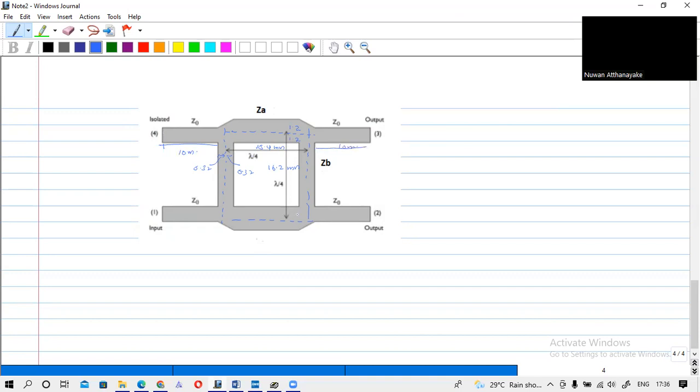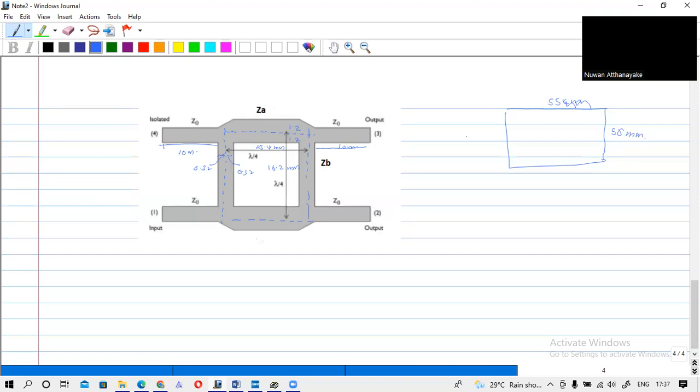So now we have to design this on a board. I already told you that normally in the market we have a 55 millimeter by 55 millimeter board.